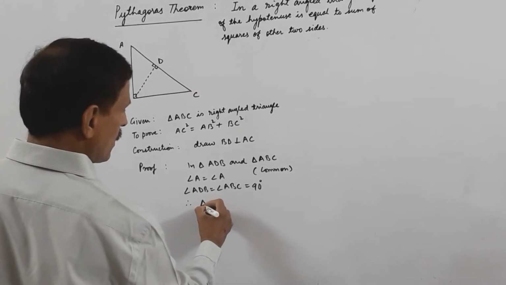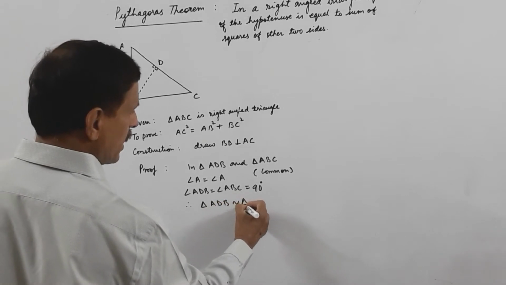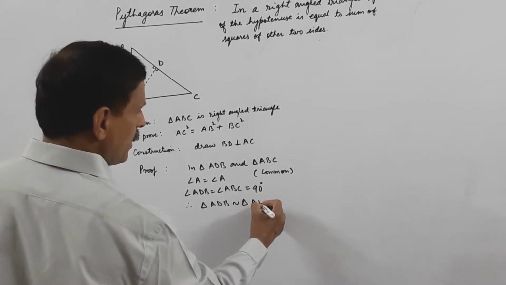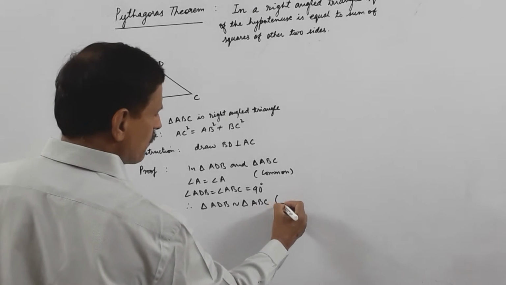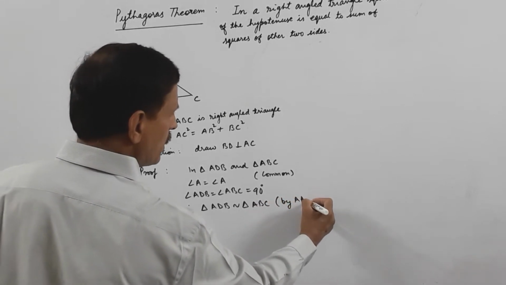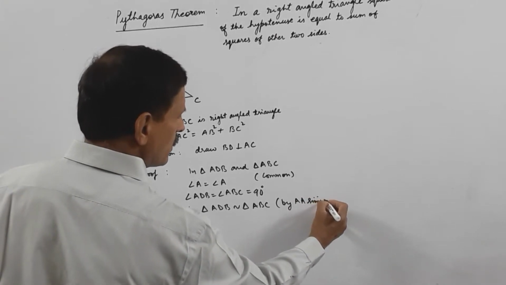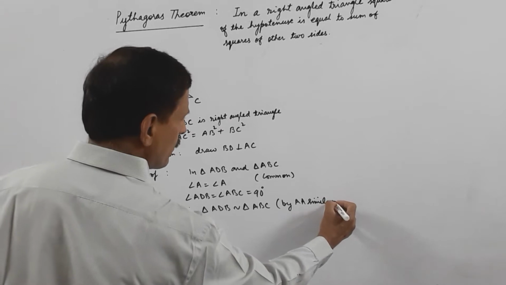Therefore, triangle ADB is similar to triangle ABC by double A similarity.